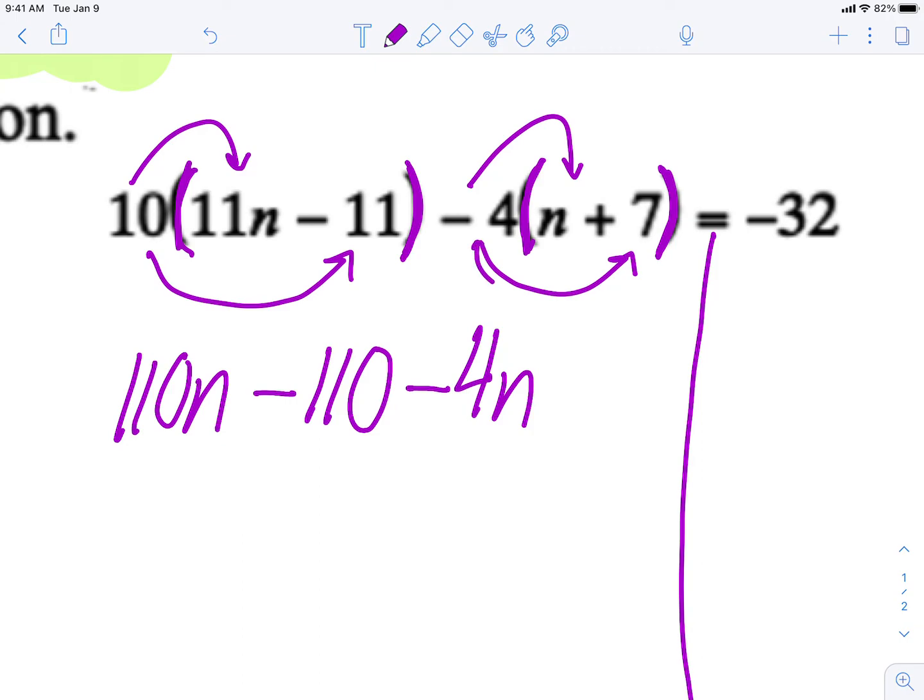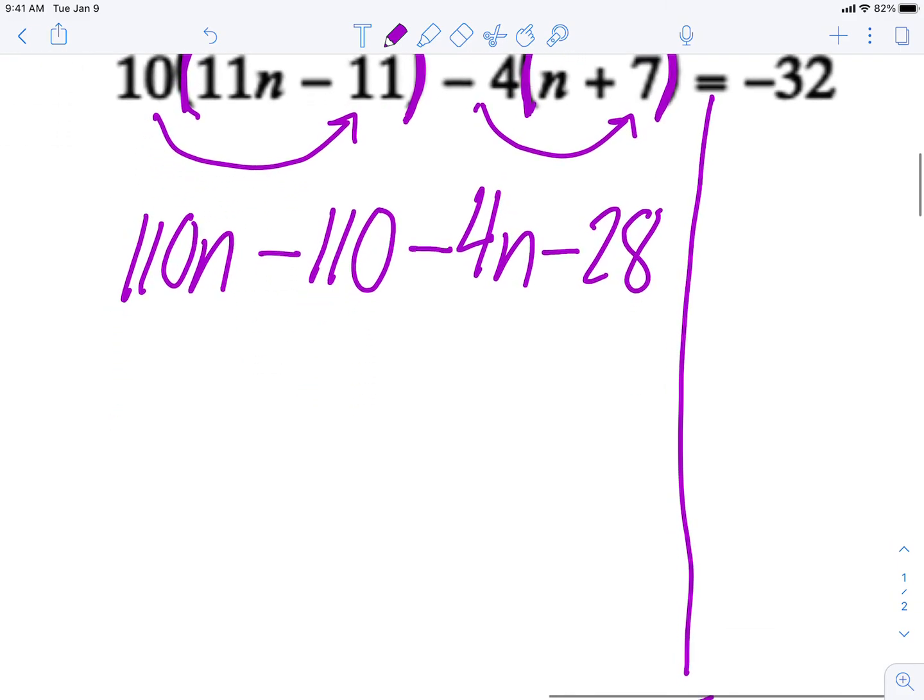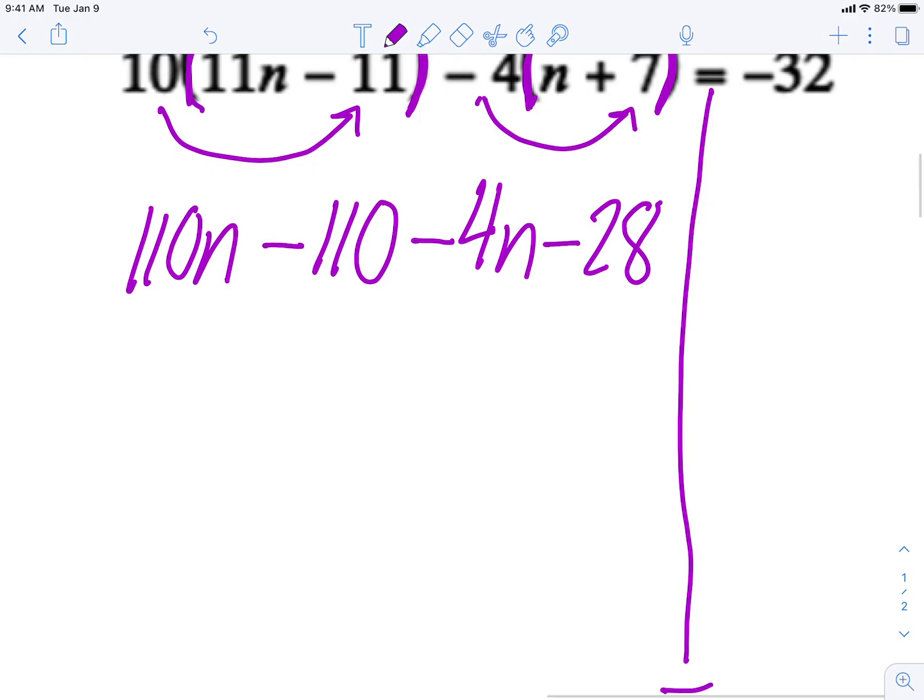And now the bottom, we're going to do negative times positive is negative. 4 times 7 is 28. So, I notice I have like terms, right?